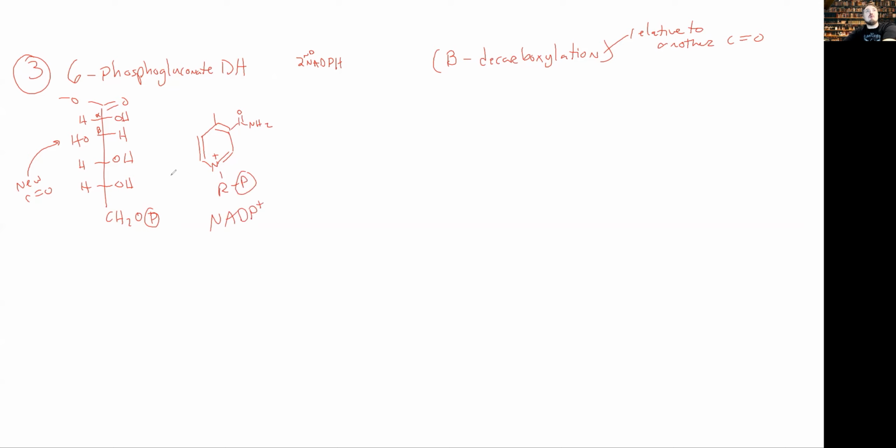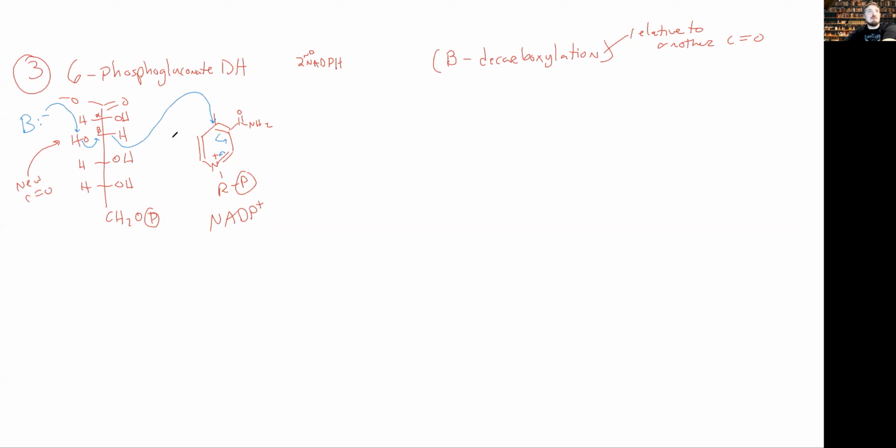Okay. So just like in the last one, what we're going to use is a base to pull the hydrogen. That's a common dehydrogenase mechanism. We're going to force that hydride off by forming a carbonyl. The way you do that is by having an oxidizing agent right next door, our NADP, and that's going to accept our H minus.